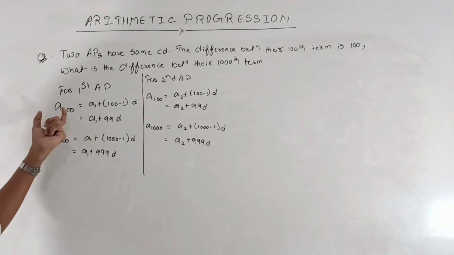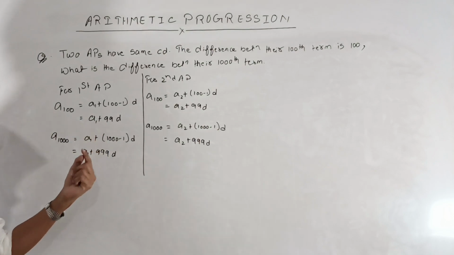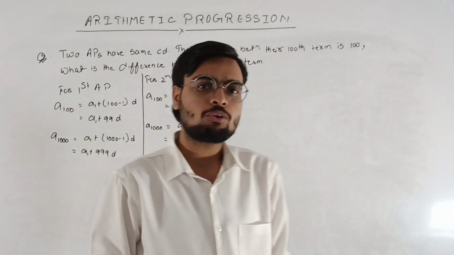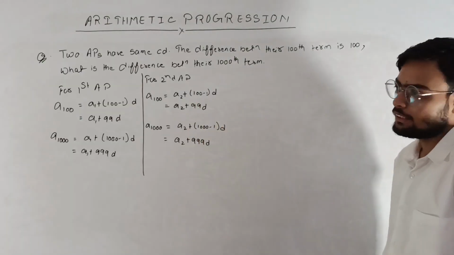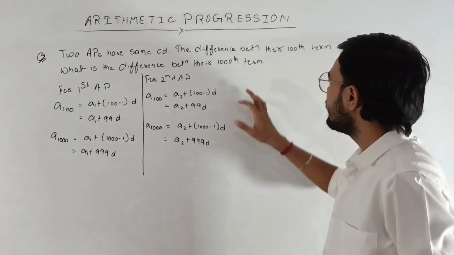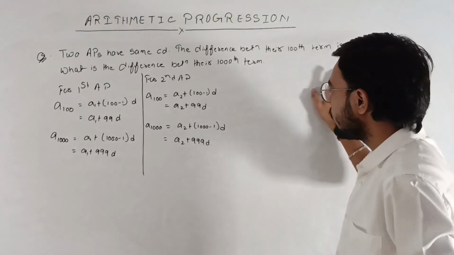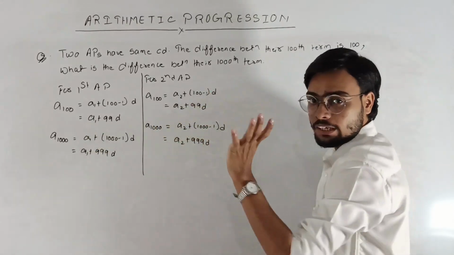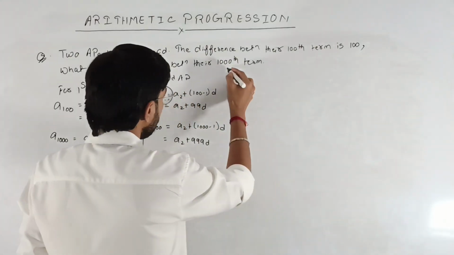Now for the first AP, the 100th term is A1 plus 99D and the 1000th term is A1 plus 999D. For the second AP, the 100th term is A2 plus 99D and the 1000th term is A2 plus 999D. Now what is given? The difference between their 100th terms is 100, so this minus this is given as 100.